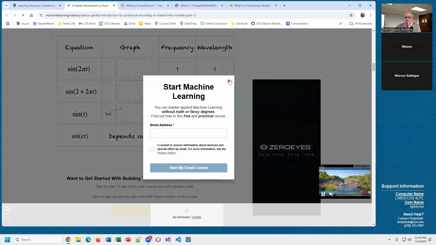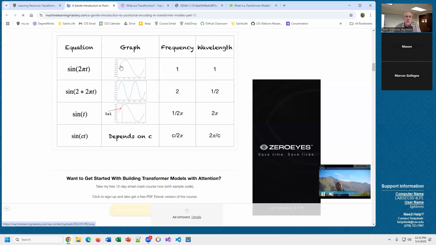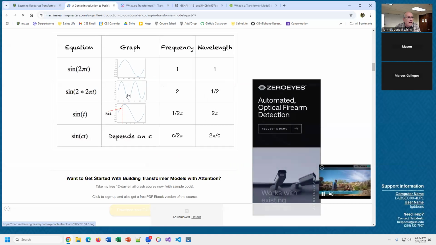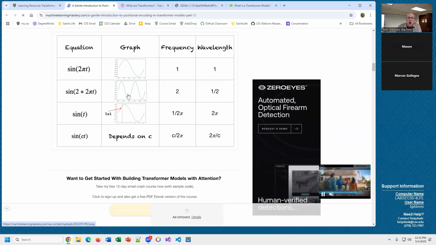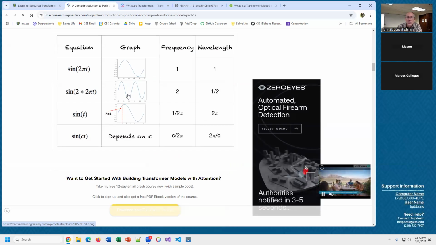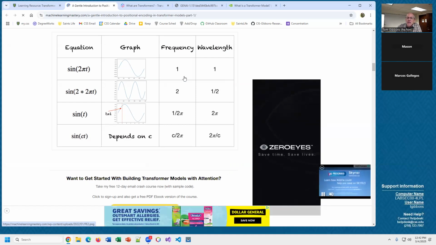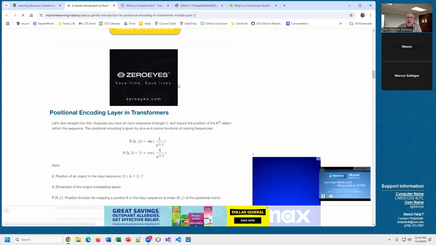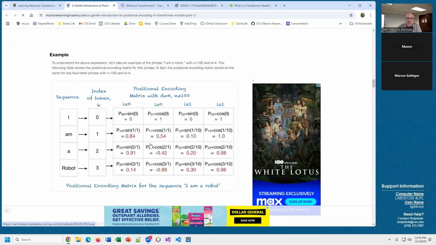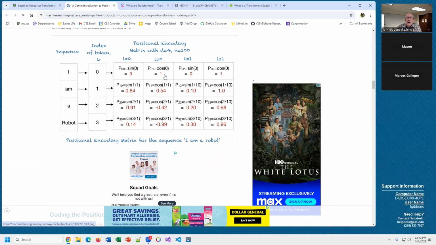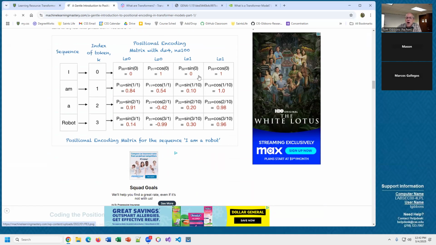And so we're using some of these sine waves here. And you can think of them as musical notes rather than sine waves. That's what I do. So each of these is a different musical note. And then we basically create a chord for each of these sentences. So each of these sentences has a chord. So we have so much of this note and so much of this note.